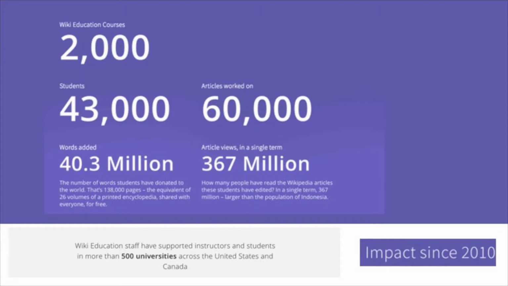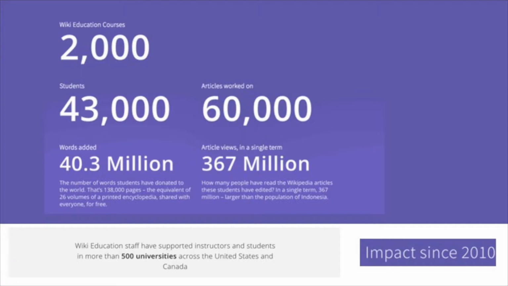Just to give you some numbers, and I'm going to turn it over to Harold and Carla. The impact since 2010, and this is just the Wiki Edu courses that we're tracking here. We obviously have no real way of knowing if faculty are using Wikipedia on their own. But they've tracked 2,000 courses that this has been used in since 2010.